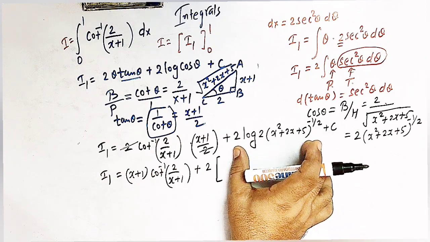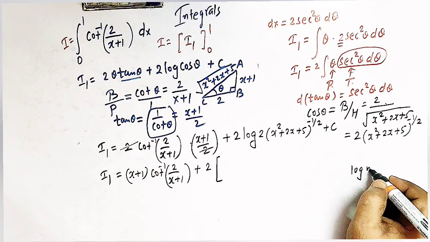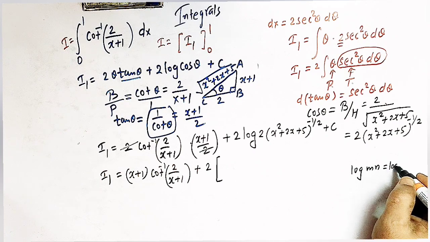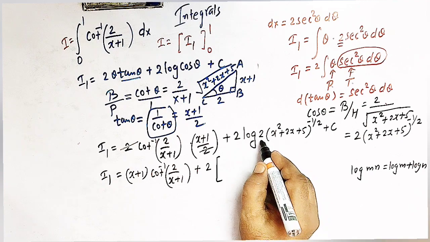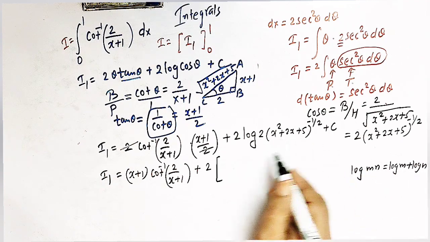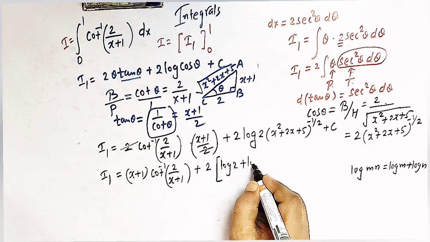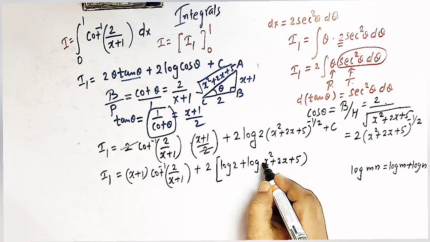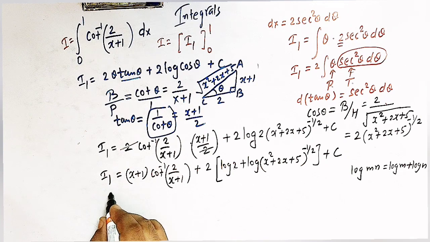Here we can apply the property of log, that is log of mn, the product of m and n, is given by log m plus log n. So m can be taken as 2 and n can be taken as this term. So we have log of 2 plus log of x square plus 2x plus 5 raised to minus half, and c is the constant of integration.